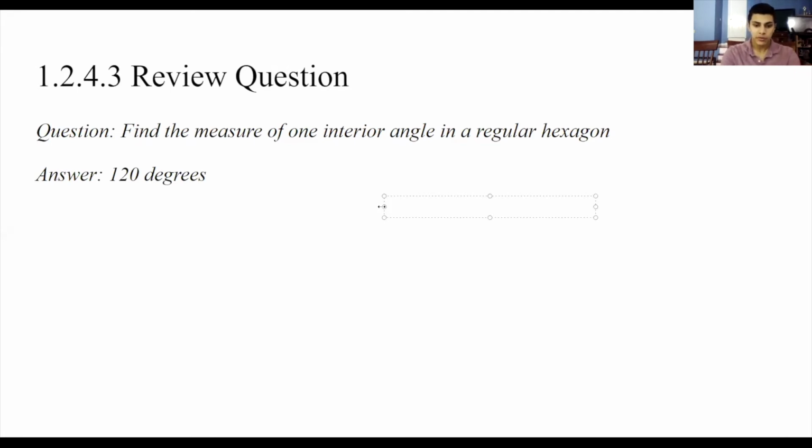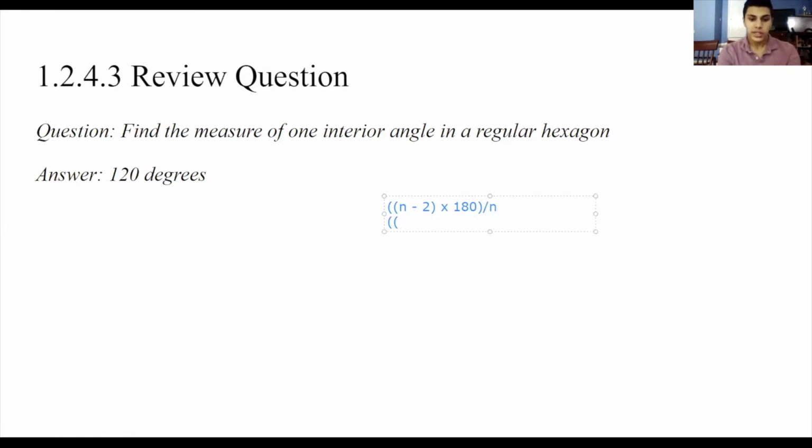So we can write out our formula: n minus 2 times 180 to find the total number of degrees in the shape. You want to put that in parentheses because you need to do that first. And then you want to divide that by n, the total number of angles, to find the total number of degrees per angle for each interior angle.